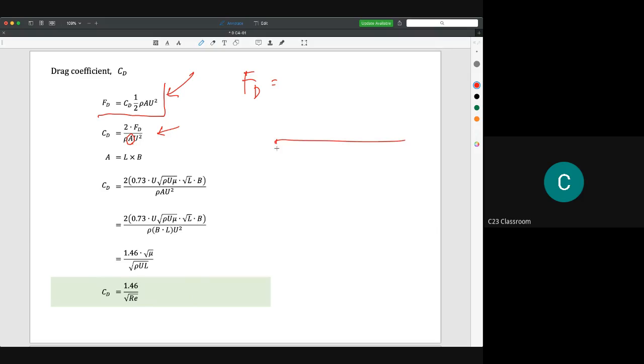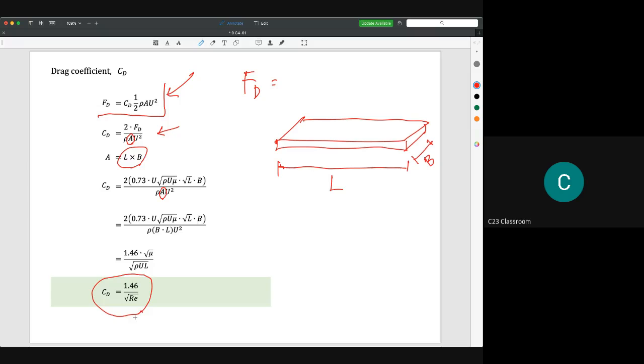We have a plate like this one, and we assume this is L and the width is B. We substitute A into the equation, solve the terms, and we will get CD equal to 1.46 over the square root of Reynolds number.